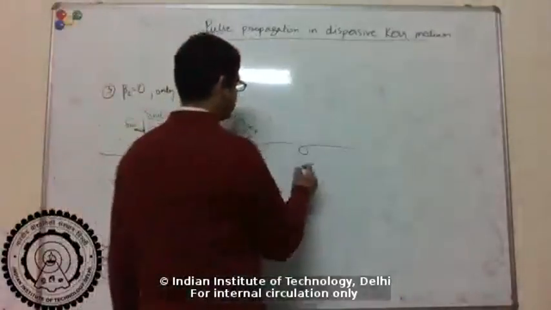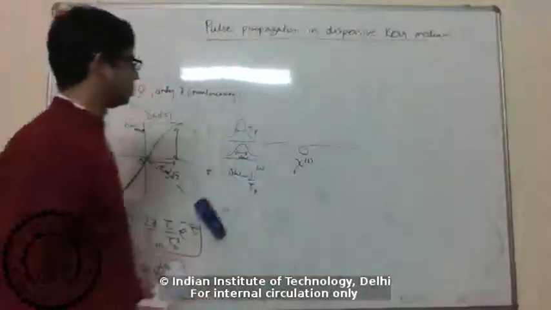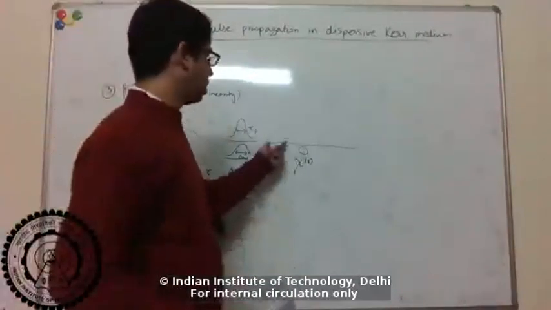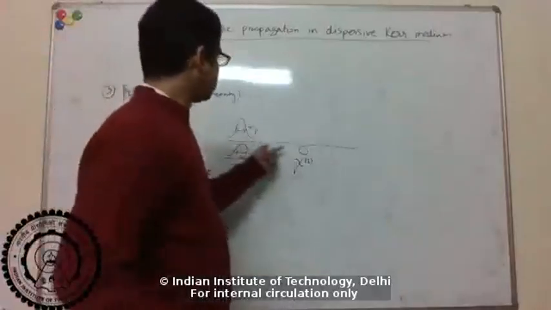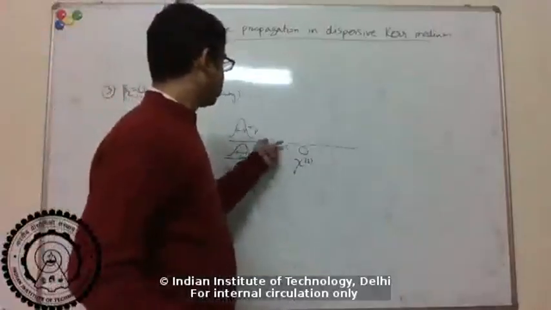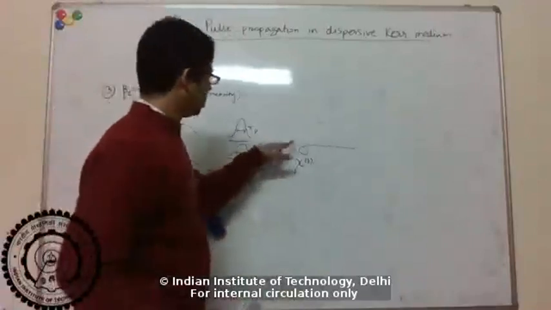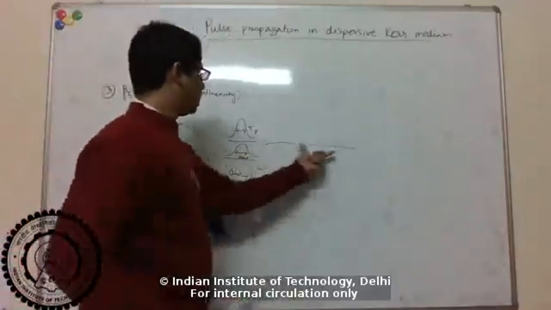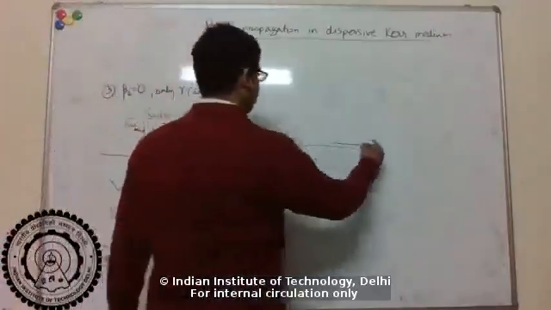Now I send it through a nonlinear medium. Let's say the nonlinearity is much stronger than any dispersive effect, or you're operating where the material dispersion is close to 0. So in this stage, only the nonlinear broadening will be dominant. What will happen at the output here?